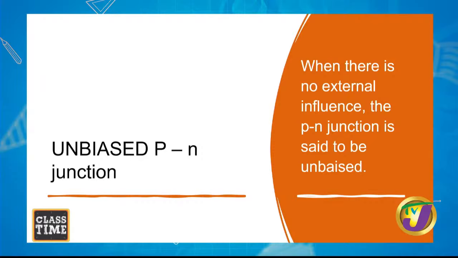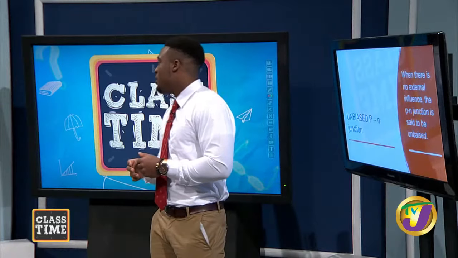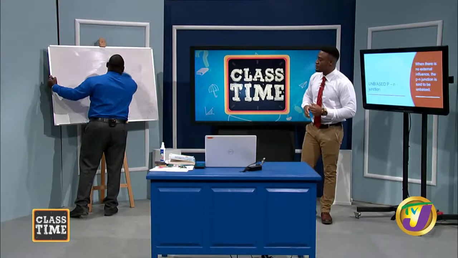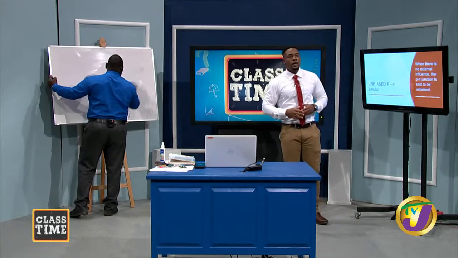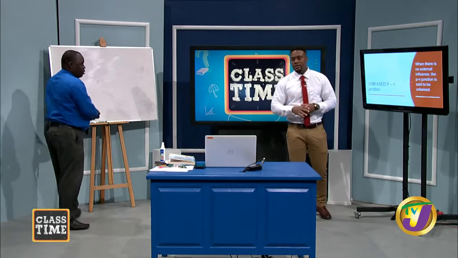And based on your knowledge, you would realize that unlike charges, positive and negative, will be attracted. So this is what is going to be causing a phenomenon at our p-n junction. And now Mr. Myers will be giving you a bit more information as it relates to the p-n junction.